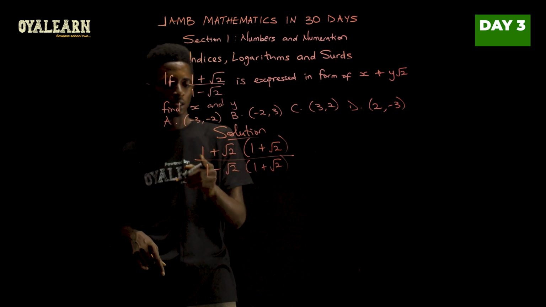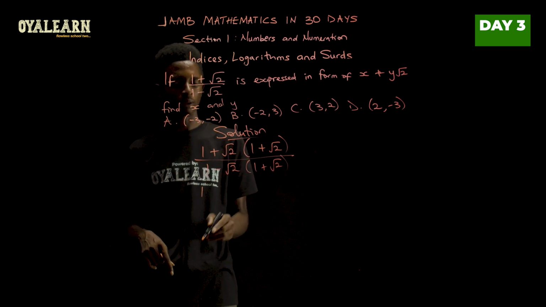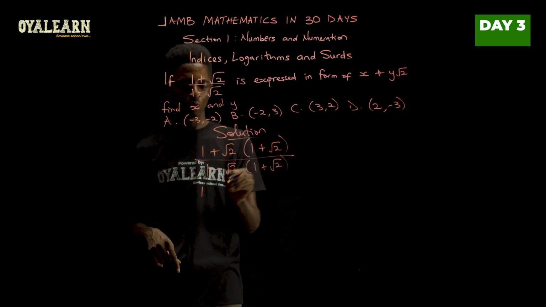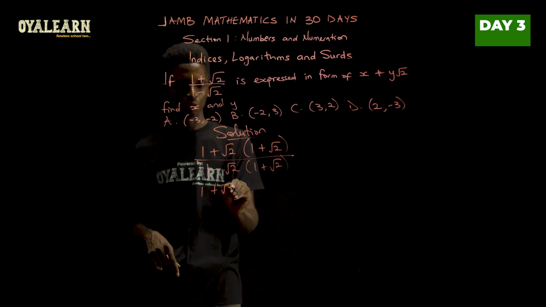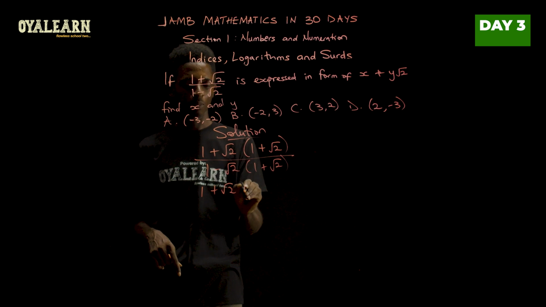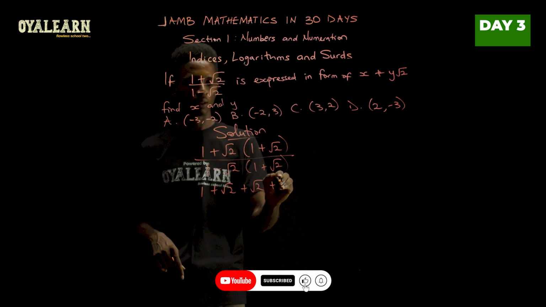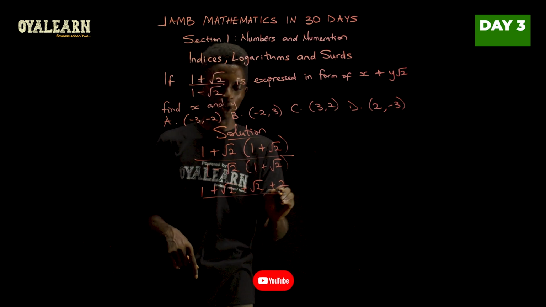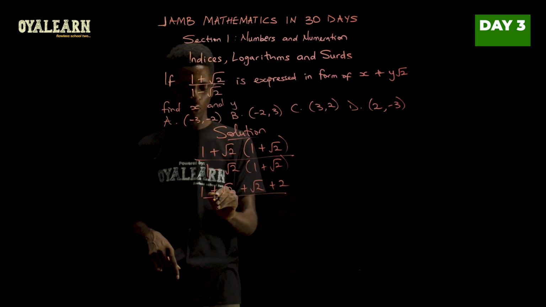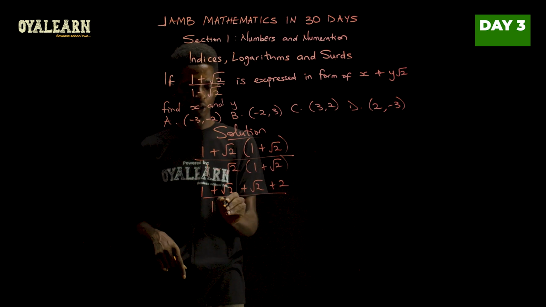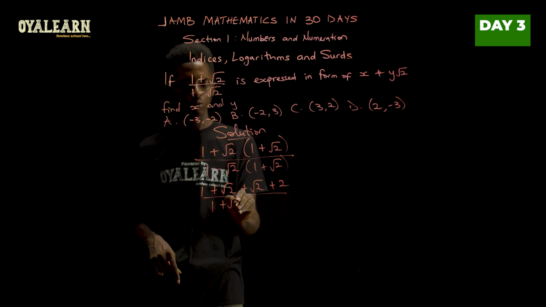Now, let's expand. 1 times 1, 1. 1 times surd 2, that's plus surd 2. Plus surd 2. And then surd 2 times surd 2 will give us 2. All over, now, 1 times 1 is 1. 1 times plus surd 2 will give us plus surd 2.